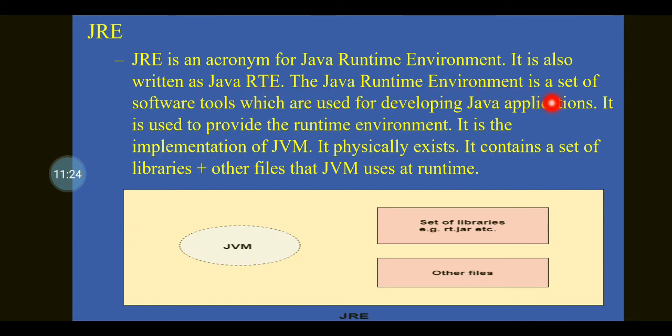Java Runtime Environment is a set of software tools which are used for running a Java application. We can simply say JVM plus a set of libraries and other files becomes JRE. So a set of libraries plus other files in addition to JVM is called JRE, Java Runtime Environment.